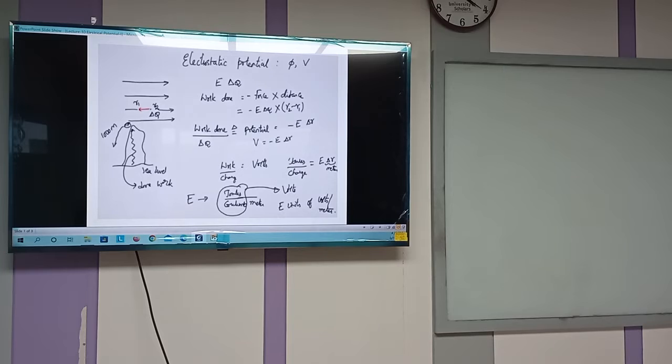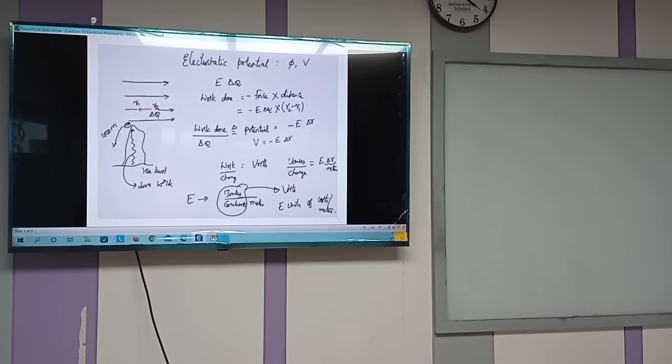I am looking at a new concept called potential. Well, since we are still dealing with electrostatic cases, I am looking at electrostatic potentials, okay? This electrostatic potential is sometimes denoted by phi or sometimes denoted by voltage V, okay?